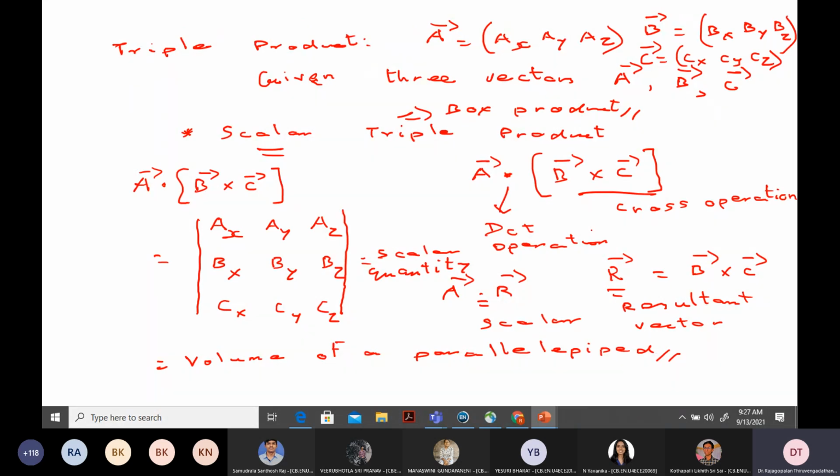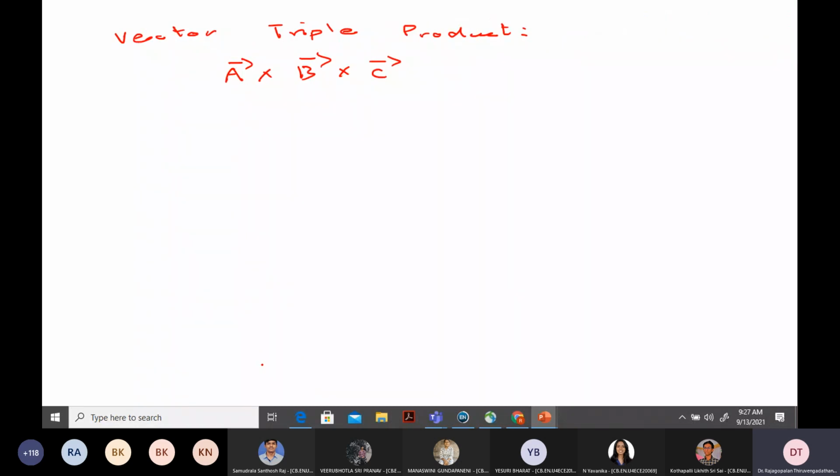Because this is a determinant, the property of the determinant says the moment you interchange the rows one time, let us say I interchange the rows between A and B, then the value of that determinant will be minus of the initial value. Now if I do two operations, minus of minus, it will become plus. So I want you to understand that A dot B cross C can be represented more elegantly.